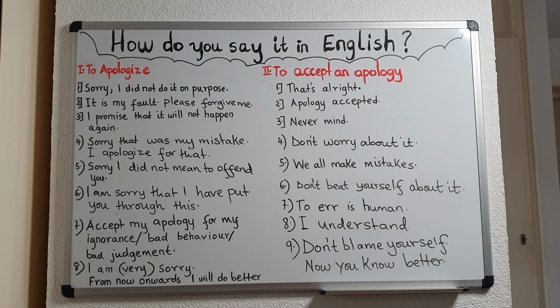Sorry, I did not mean to offend you. I'm sorry that I have put you through this. Accept my apology for my ignorance. Accept my apology for my bad behavior. Accept my apology for my bad judgment. I'm very sorry. From now onwards, I will do better.